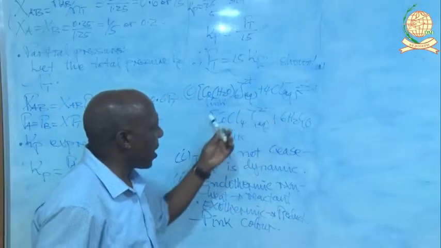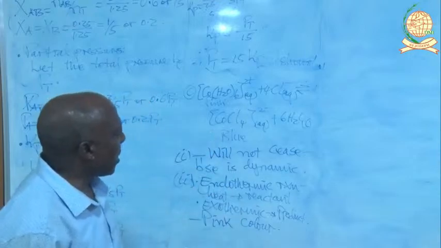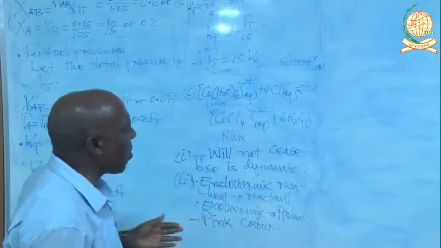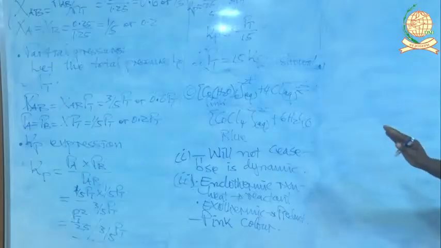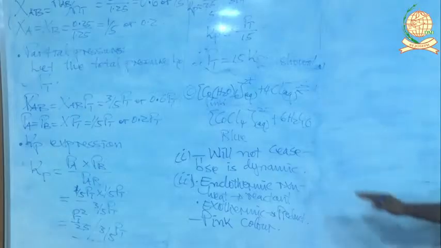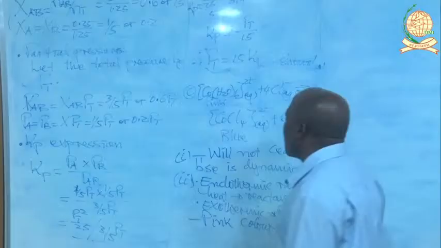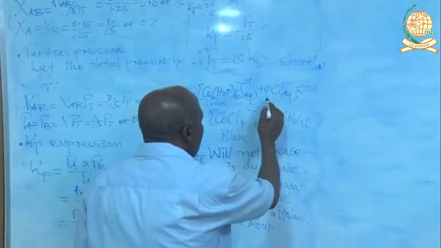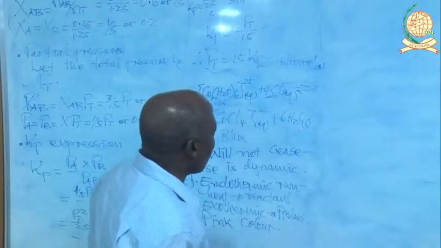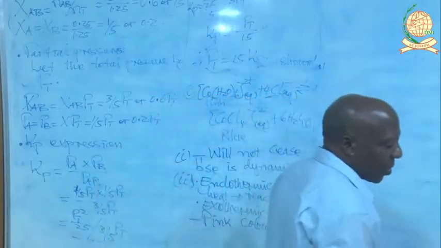How can we change this equilibrium system to move from the left hand side to the right hand side? It is by adding hydrochloric acid.